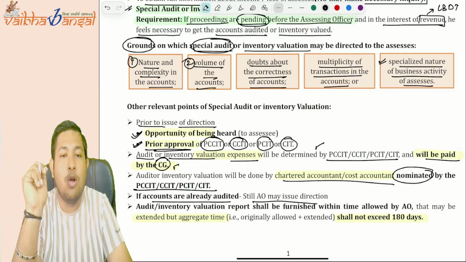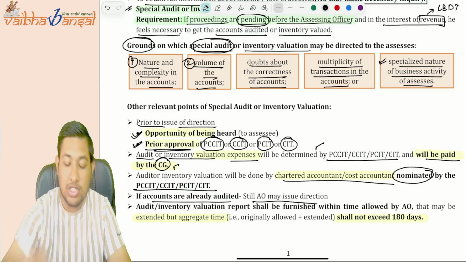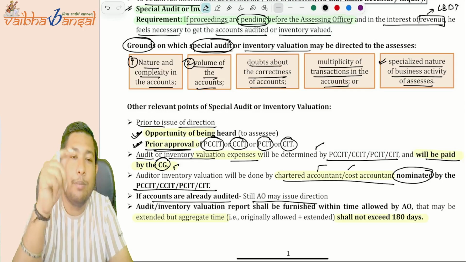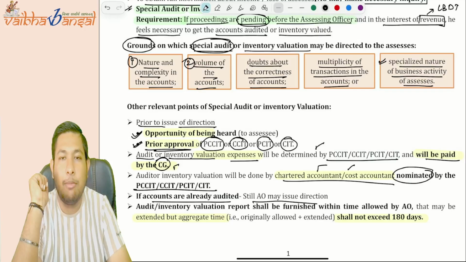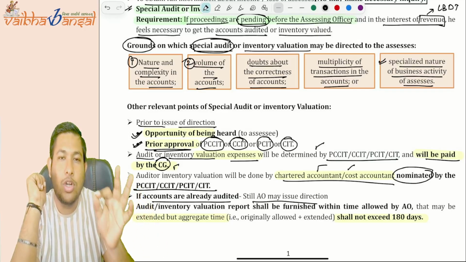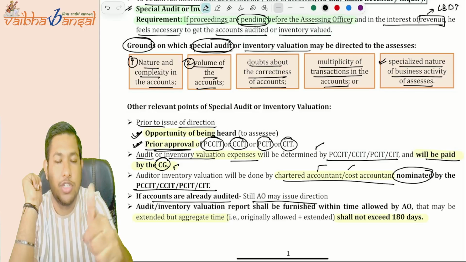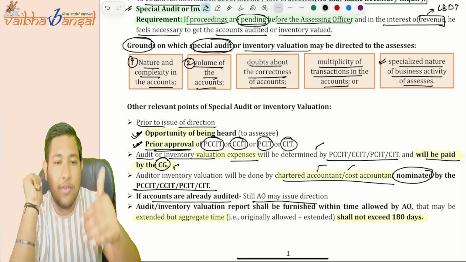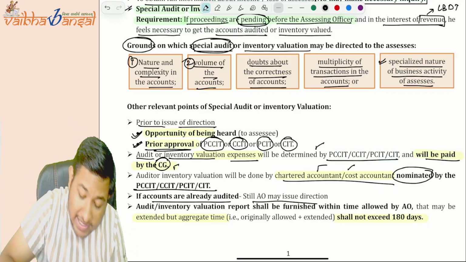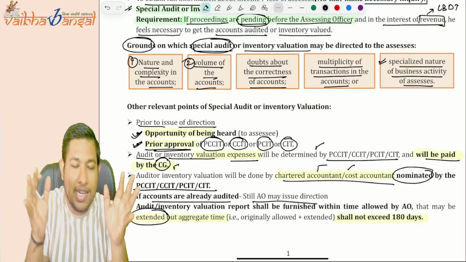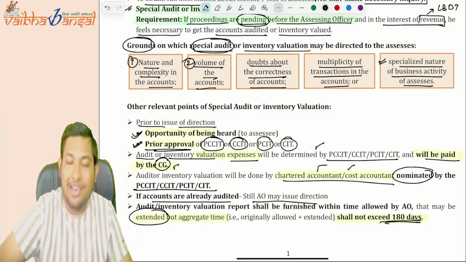Understood or not? Now, what time should be given to the chartered accountant or the cost accountant to complete this particular project? Whatever time is given by the assessing officer should be the time. But if the time needs to be extended, the extended time in aggregate shall not exceed 180 days.